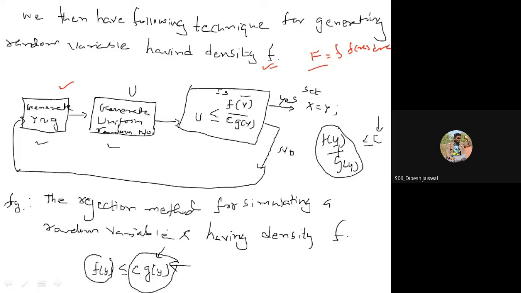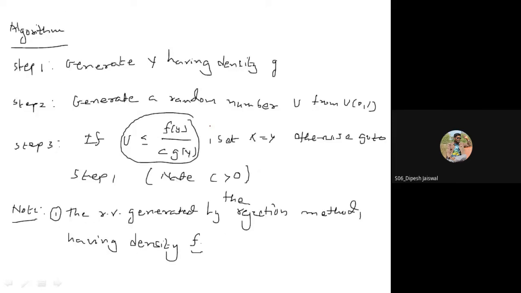The number of times step 1 is repeated follows a geometric distribution, and its mean is nothing but c, the c which you have obtained using this formula. c is obtained from d by dy of f(y) upon g(y), and when you equate it to 0, whatever result you get is said to be c.